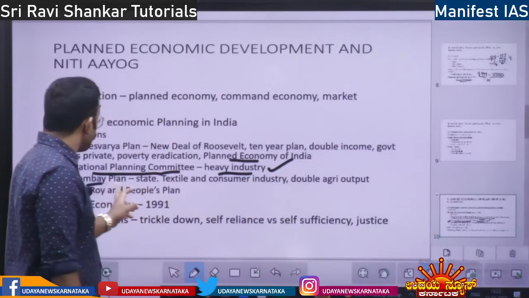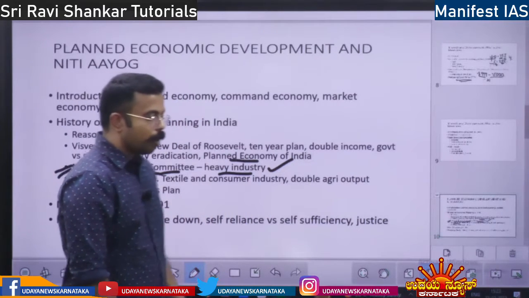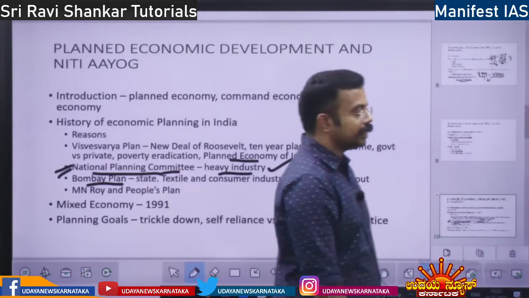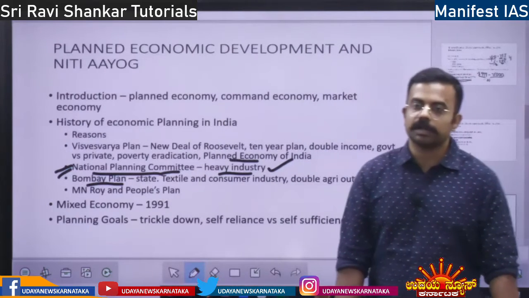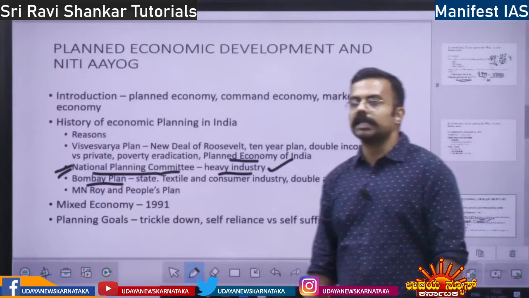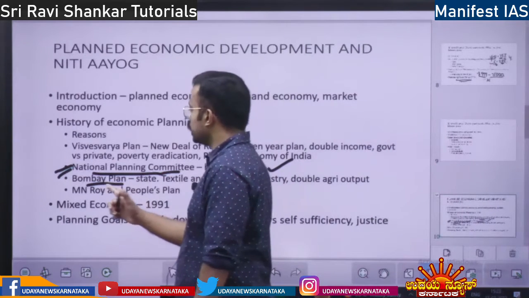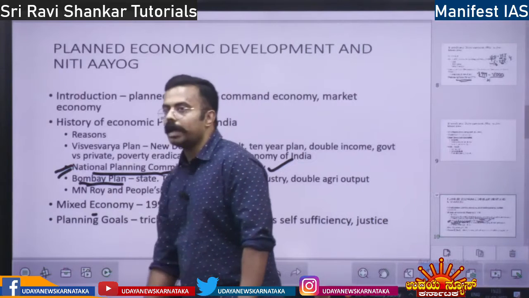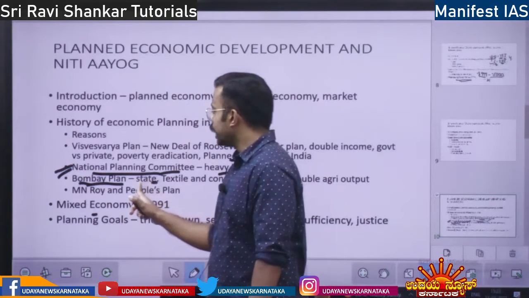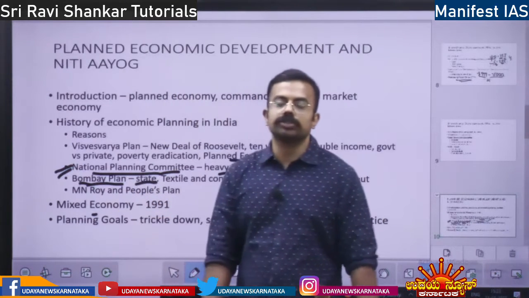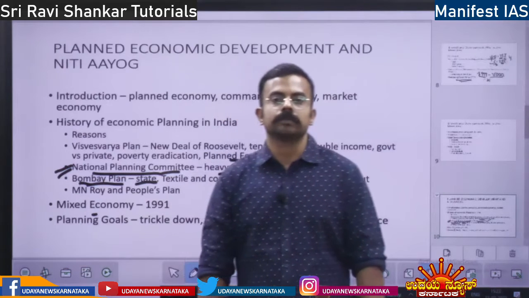Next, we have Bombay Plan. Bombay Plan planned by industrialists, Tatas, Birlas, Purushottam Das, Thakur Das. All these big industrialists plan the Bombay Plan. So in Bombay Plan, they envisage state should take the leading role.